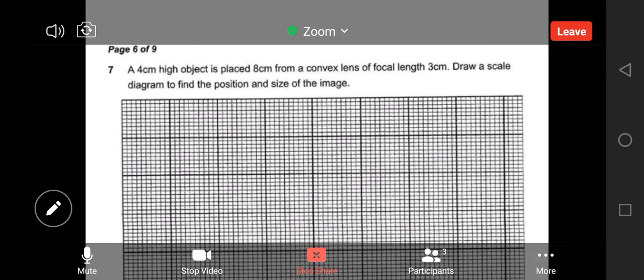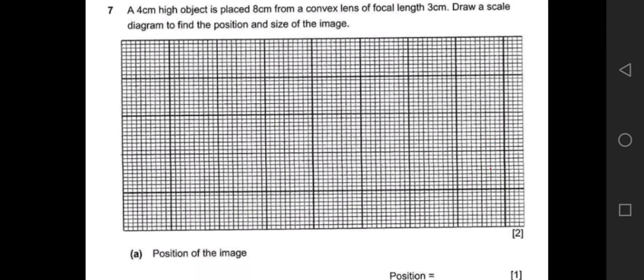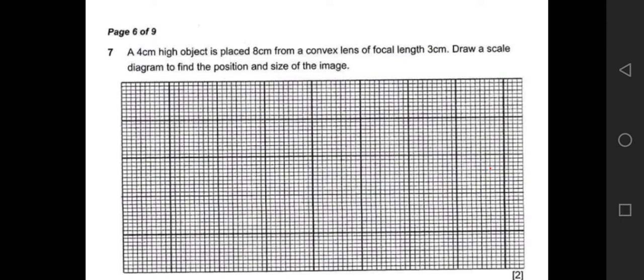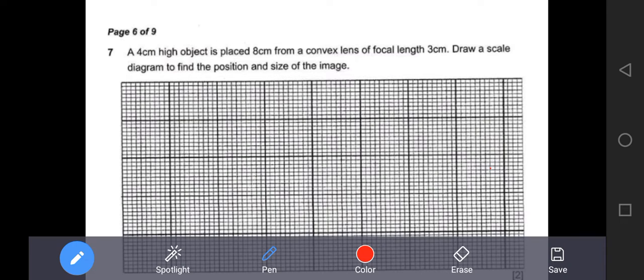Now we are told that this 4 centimeter high object is placed 8 centimeters from the convex lens. Mathematically, 2 boxes is 2 centimeters, or 1 box is 2 centimeters. Let me use a pointer.